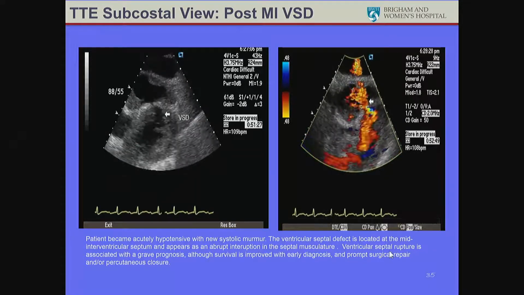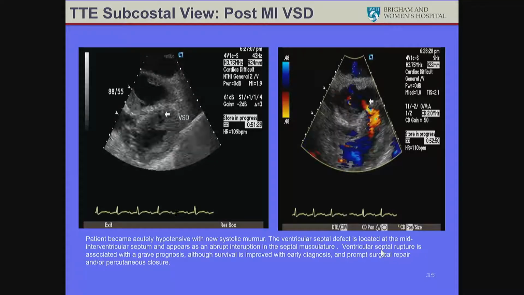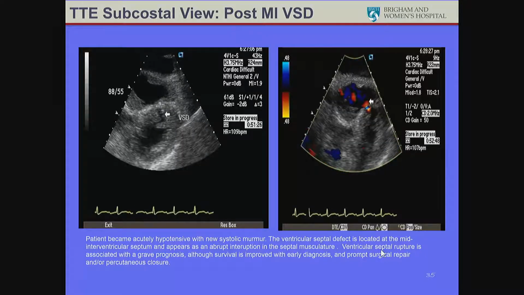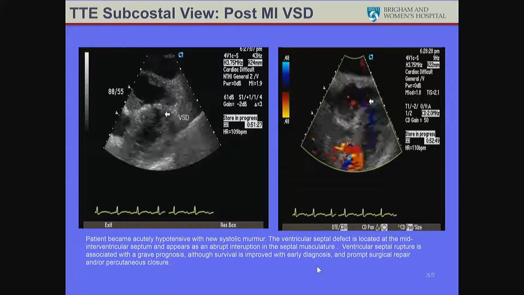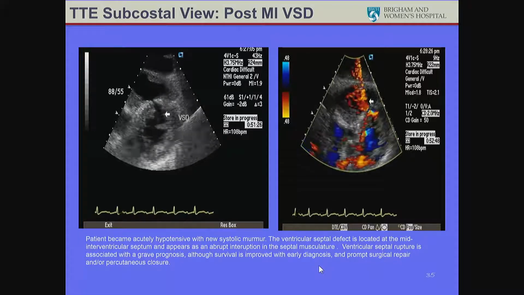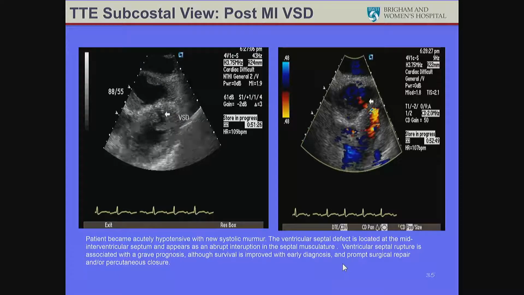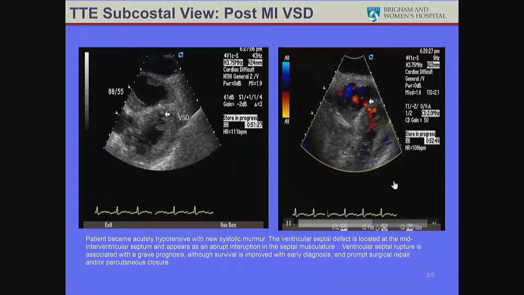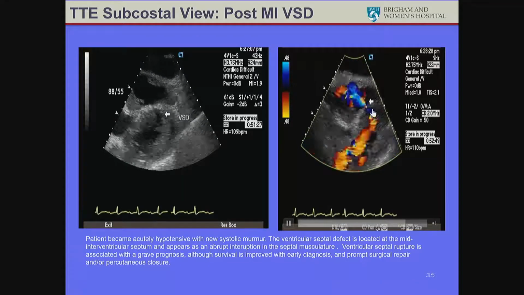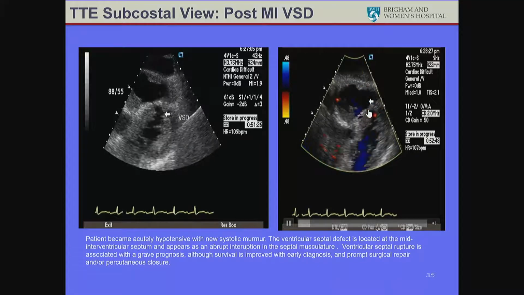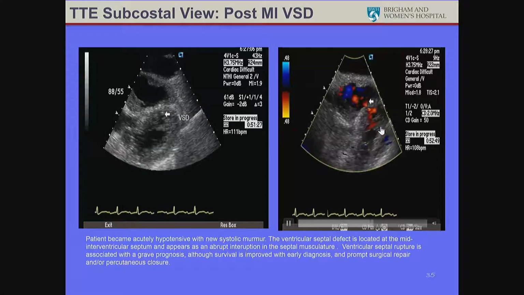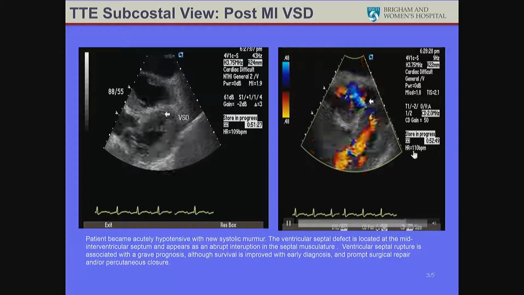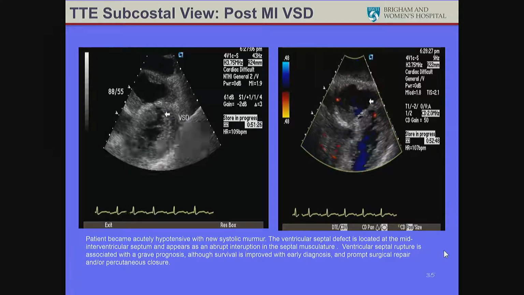Like free wall rupture, ventricular septal rupture is associated with a grave prognosis, although survival is improved with early diagnosis and either prompt surgical repair or percutaneous closure. So here you can see color Doppler across the post-MI VSD with predominant left to right shunting across the defect.